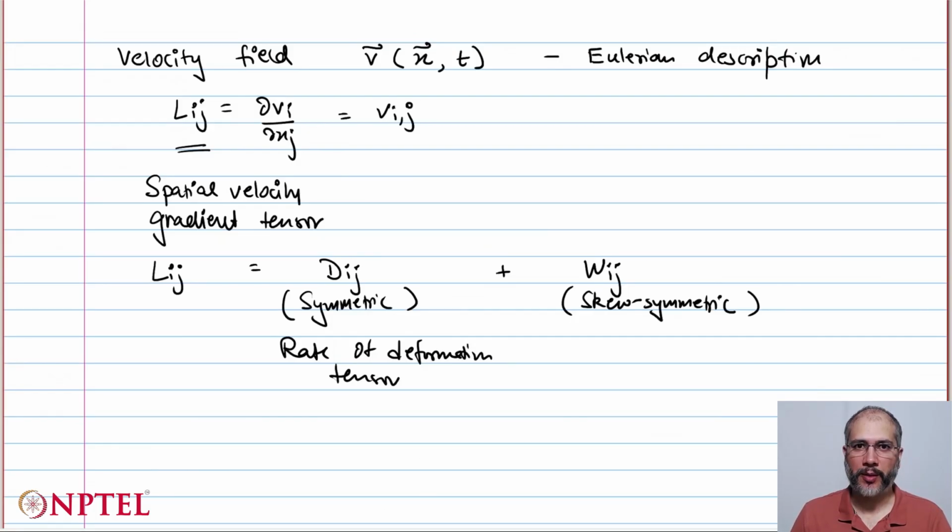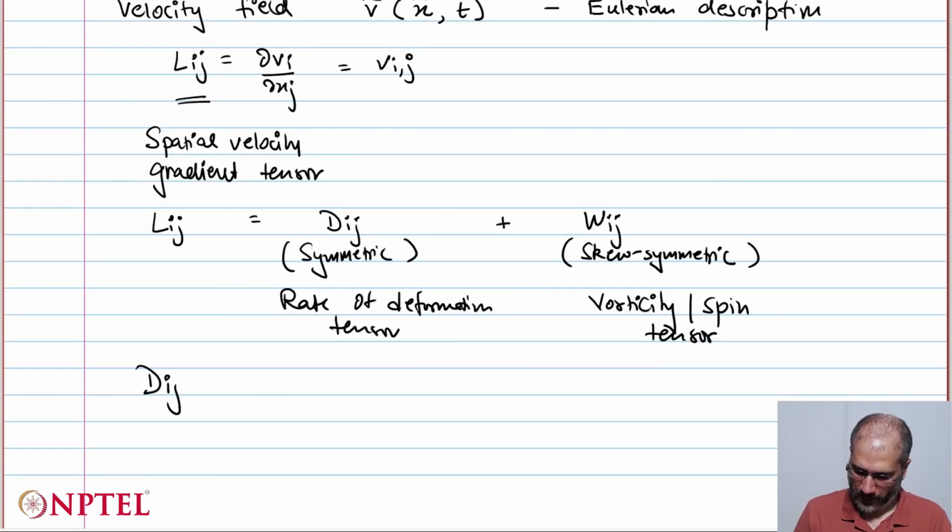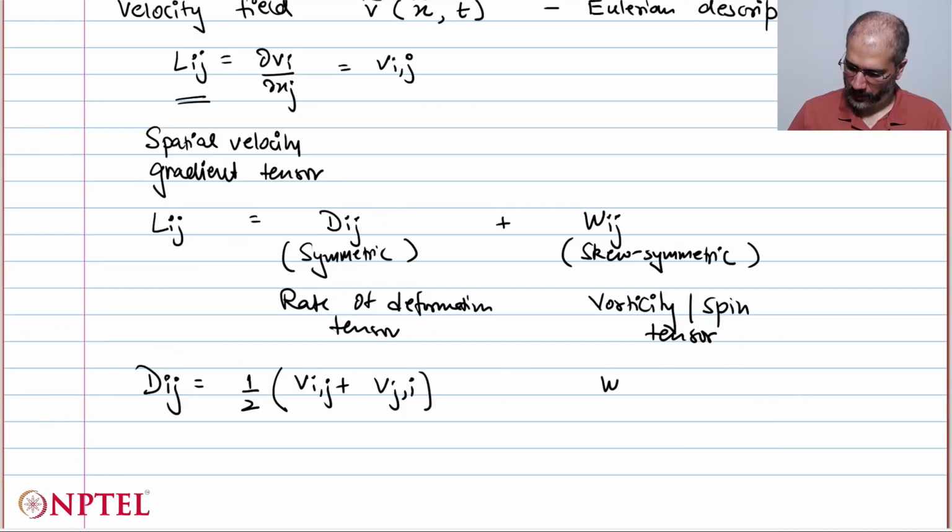And the skew symmetric part is called the vorticity or the spin tensor. So Dij is the symmetric part, so it's defined as half of Vi comma j plus Vj comma i. And similarly, W is the skew symmetric part, so it's defined as half of Vi comma j minus Vj comma i.